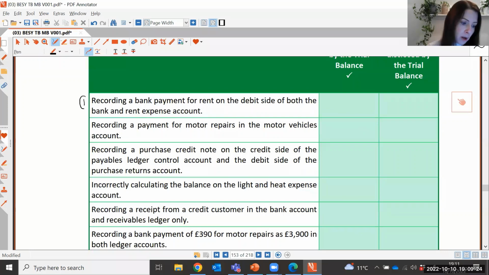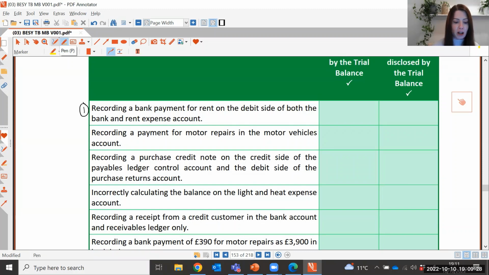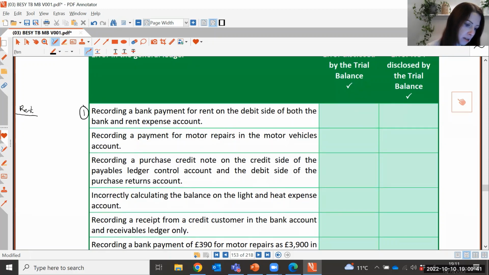Okay, so number one, we've got recording a bank payment for rent on the debit side of both the bank and the rent expense account. So if we draw out what they've done, we've got a rent account and a bank account.